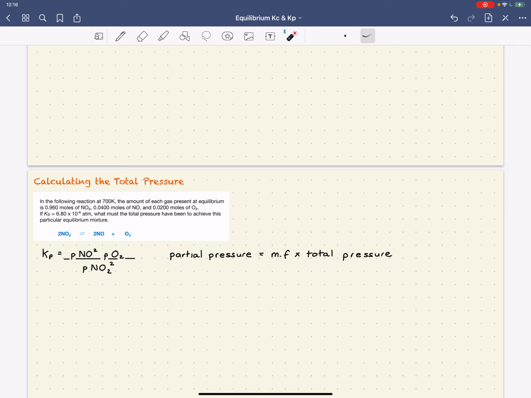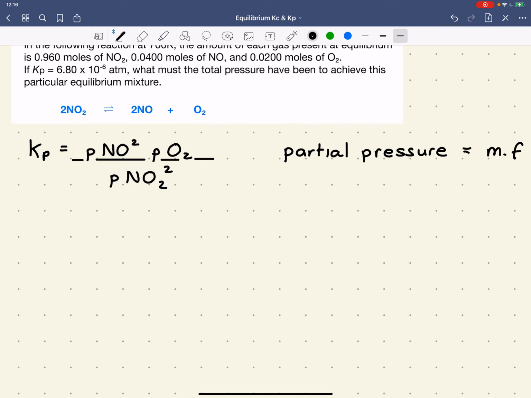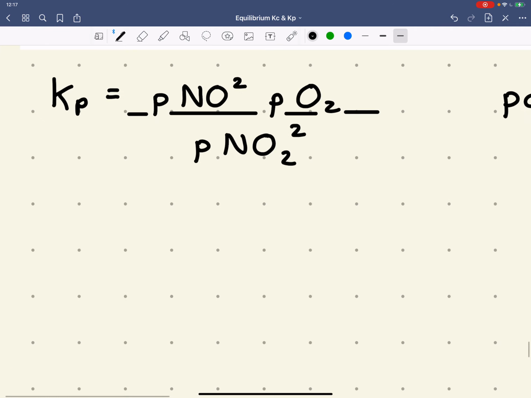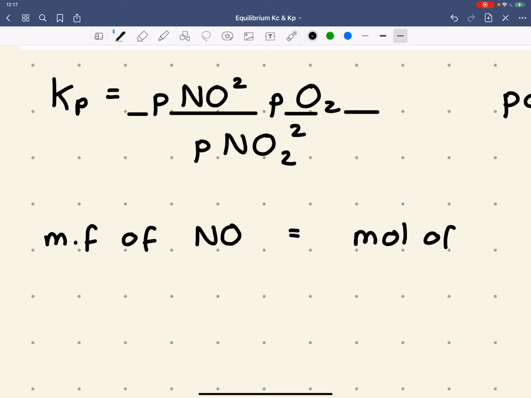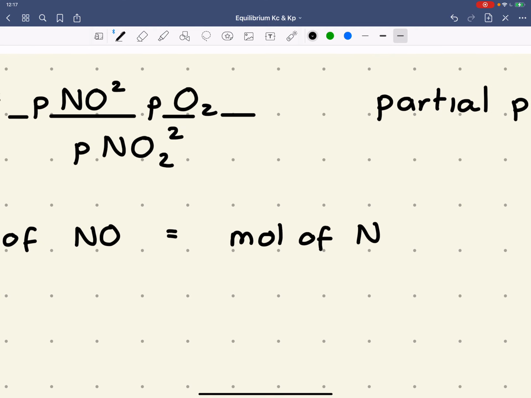Okay, the first thing we need to do is work out what this mole fraction would be. Now, the mole fraction, I'm going to start with, say, NO. It's going to be equal to the moles of NO over the total moles.